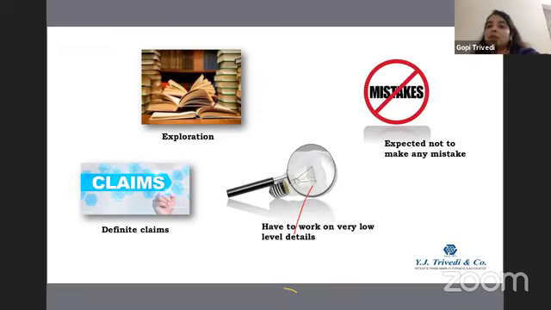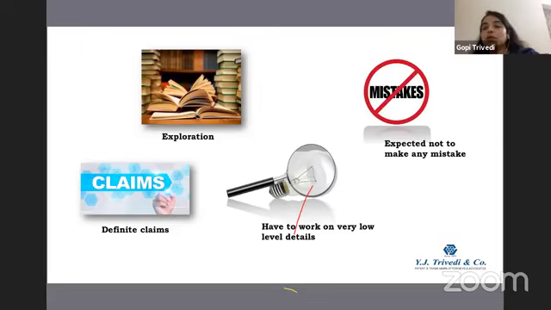In the entire procedure, we have to explore a lot. My dear academicians and researchers are already in the practice of exploring the details, so it's not a new thing for them. Even while publishing any paper, you do a lot of exploration. So exploration is, I think, not new for you. Even working at a very low level of detail is also something not new for you.